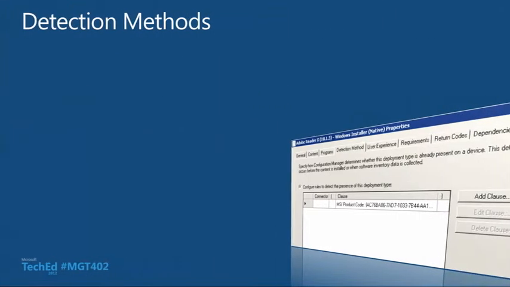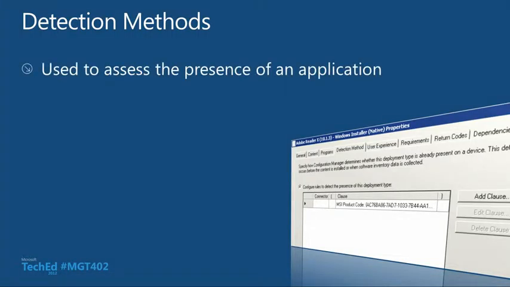And the last bit is detection methods. So this is essentially the logic by which Config Manager assesses whether or not an application is actually there. So it's particularly useful for when you're going to do a deployment and it checks something like the presence of an MSI code. And it says, no, this application is actually already installed. I don't need to process this any further.